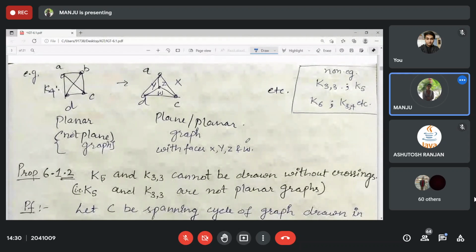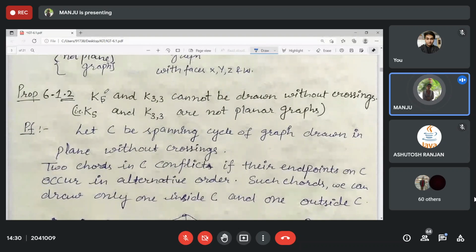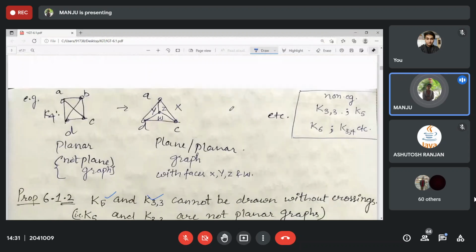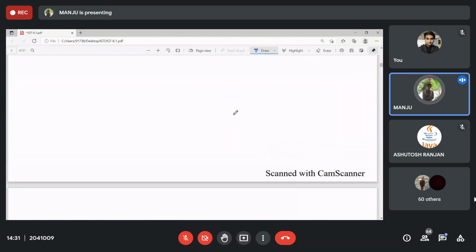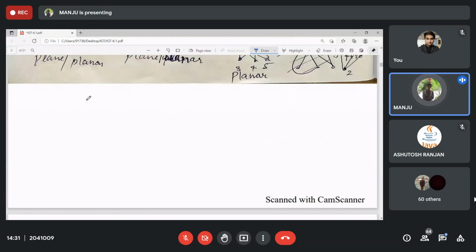Then we have K5 and K3,3. One more thing I want to discuss: if you have any graph, and H is a subgraph of G, then you can discuss four results.